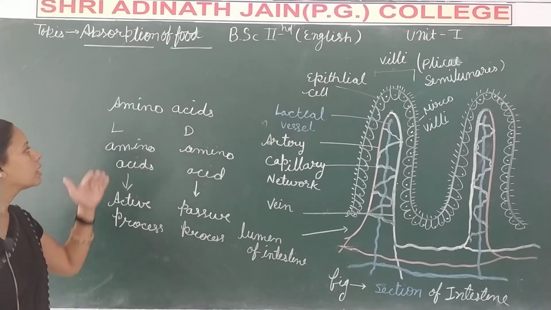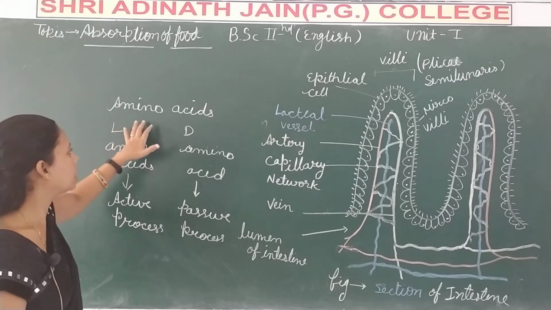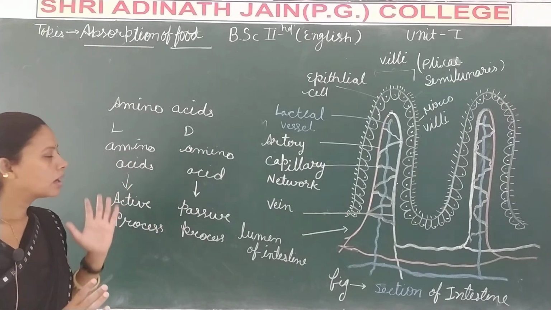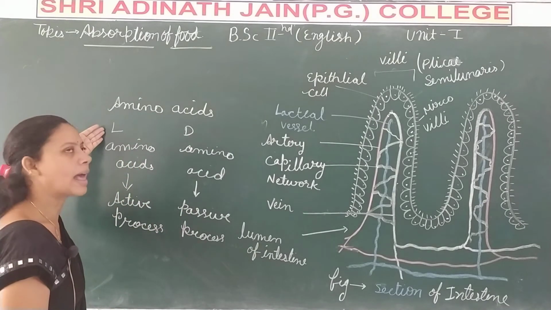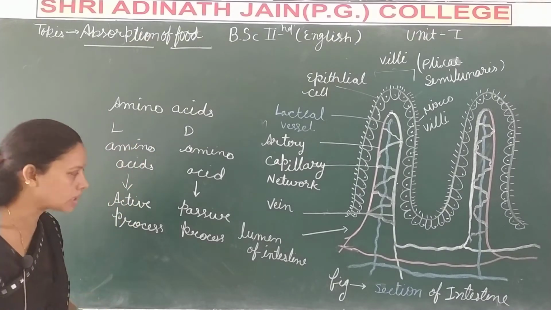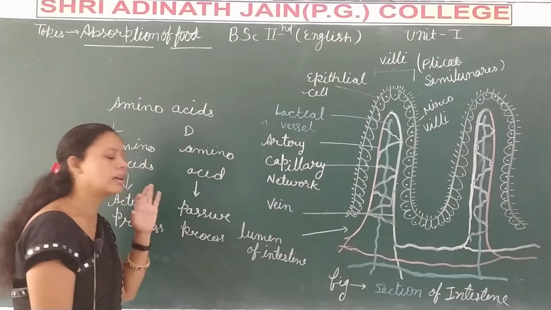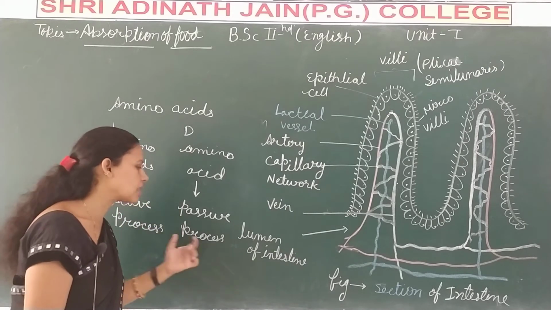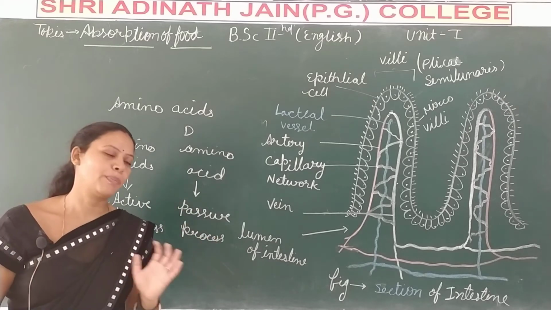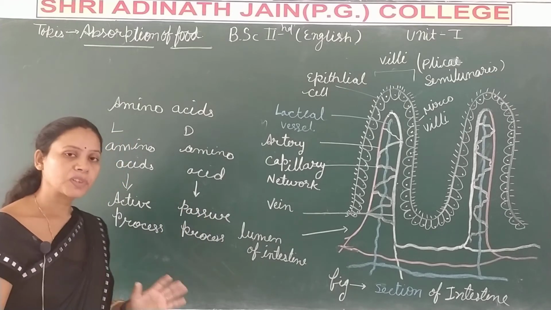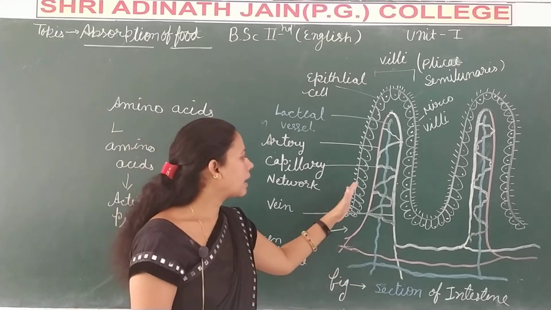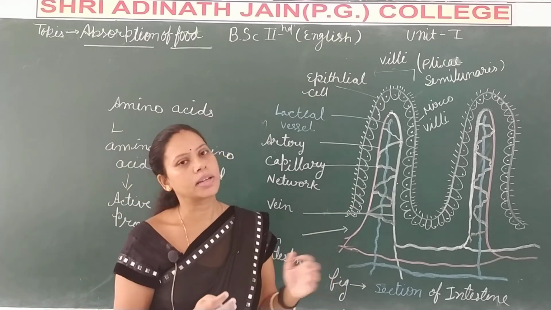The same in protein, amino acids can be divided in two types. First are L amino acids, second are D amino acids. The D amino acids can be absorbed by the passive process and the L amino acids by the active process. Okay, some of the dipeptides can be absorbed by the epithelial cells of the intestine.